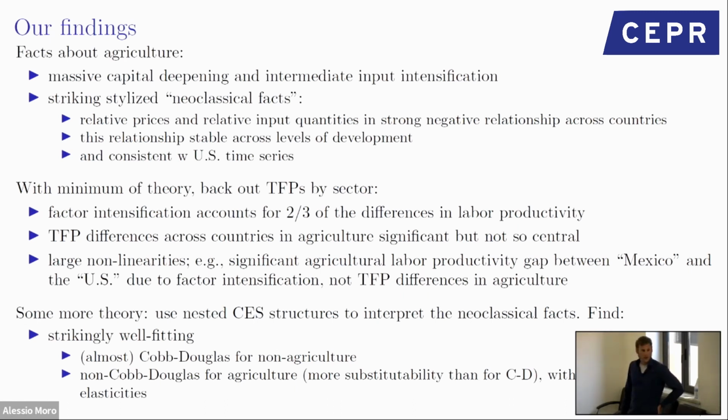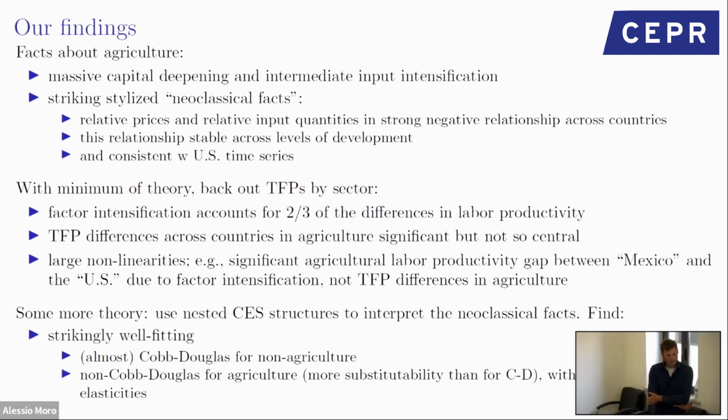Just another question: once you account for these two-thirds differences in agriculture across countries, does it align with the aggregate difference in TFP across countries? Sorry, say again. You said that agricultural differences in TFP are much larger than aggregate TFP differences across countries.